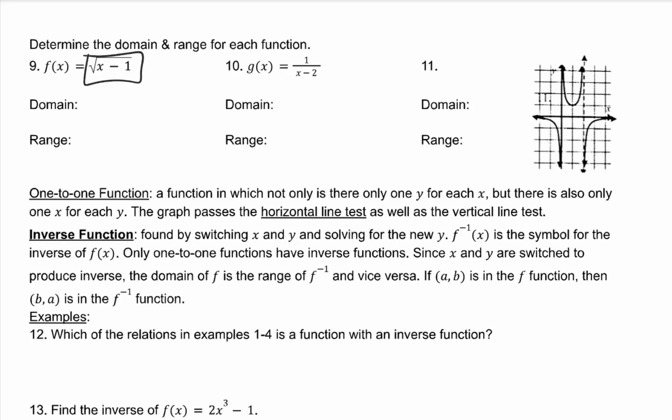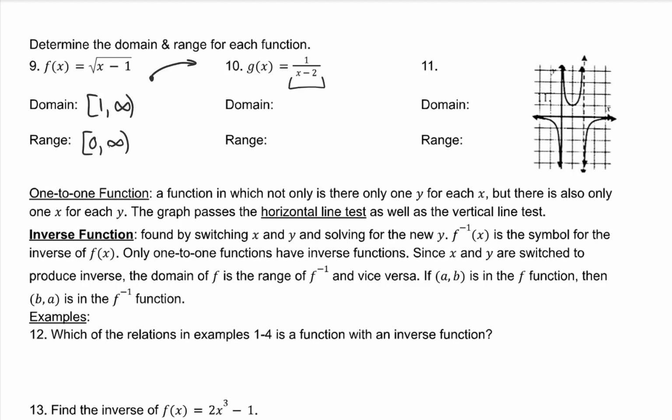Square root of x just looks like this, and so if it's square root of x minus 1, that means we've gone to the right one. That means our domain starts at 1 and goes to positive infinity. And our range starts at the y value when we plug in 1, and that would be 0, all the way to infinity.